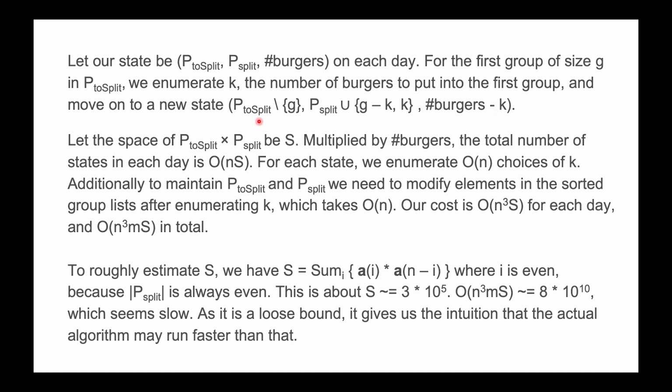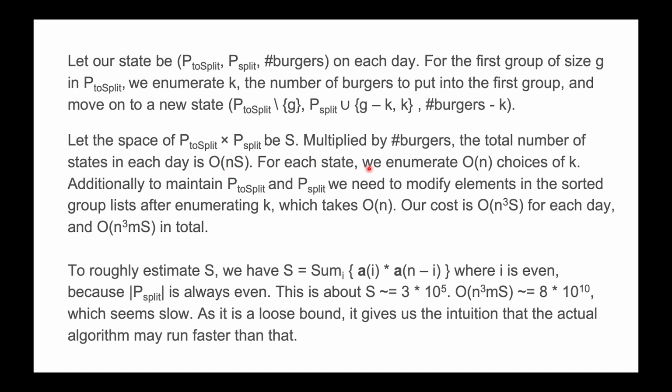So we need to estimate how big the state space is. Let's say P to split times P split, the value of this is s. And we multiply s by the number of burgers. This gives us the total number of states, which is ns.